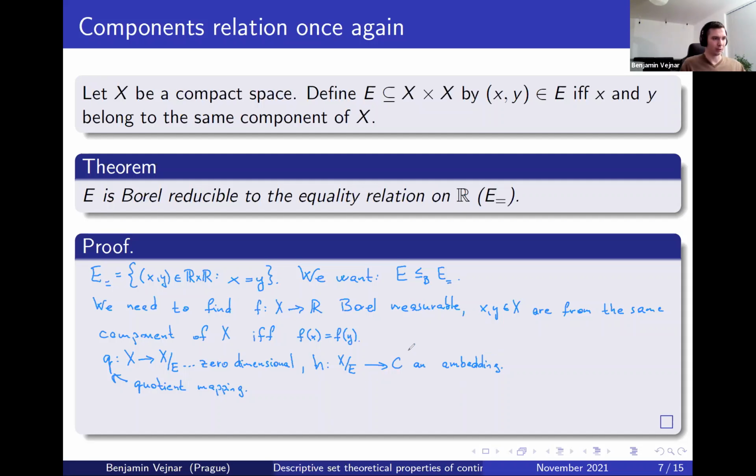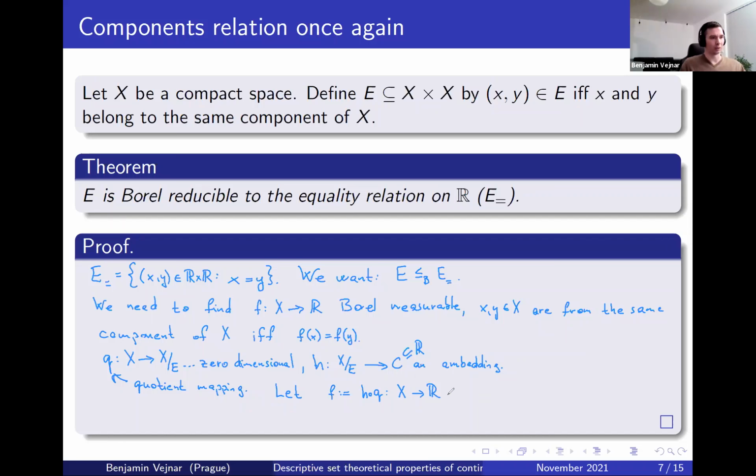And of course, this Cantor set can be considered as a subset of reals. So now it is enough to define F as the composition of this quotient mapping and the embedding H, which is a mapping going from X to a subset of R.